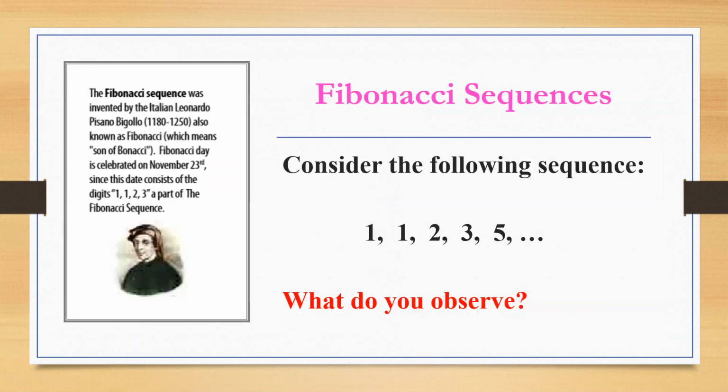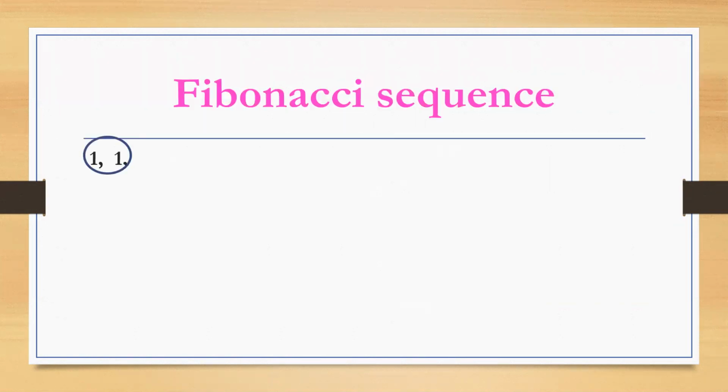Consider the following sequence: 1, 1, 2, 3, 5. What do you observe from this sequence? 1 plus 1 will give me 2, and this is the next term in the sequence.